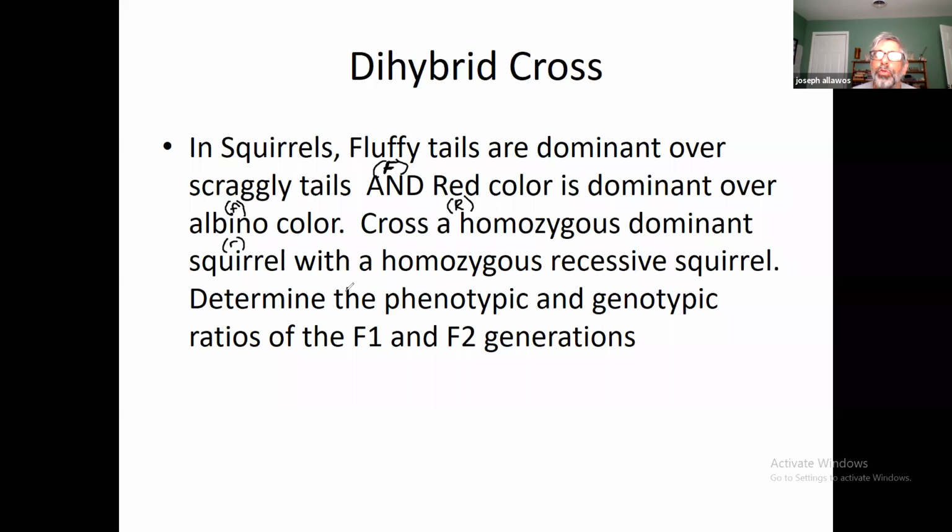Now, there's two different ways that you can actually think about this, okay? And I want to explain both of the ways. One of the ways you could think of it, and this is a possibility, depending on the traits, it could be that both of these traits are on the same pair of chromosomes, because chromosomes have lots of genes on them, right?